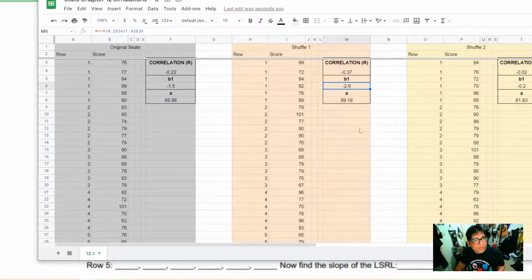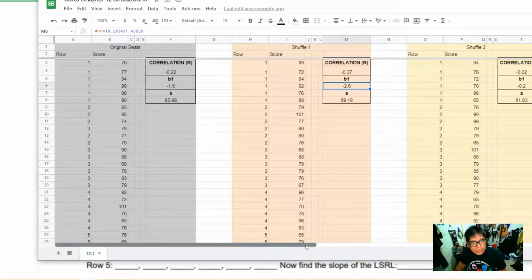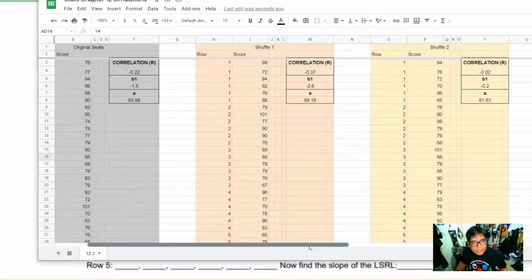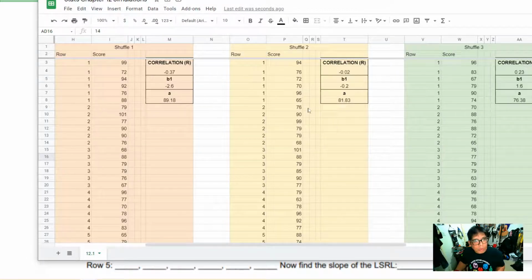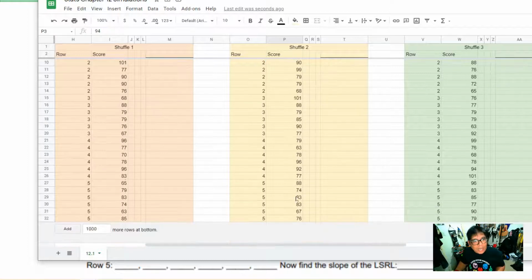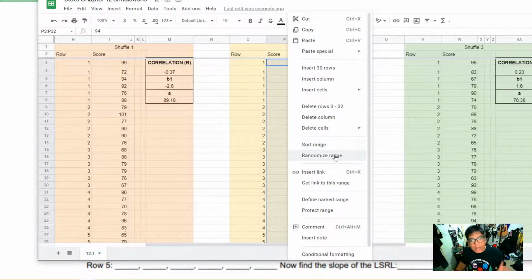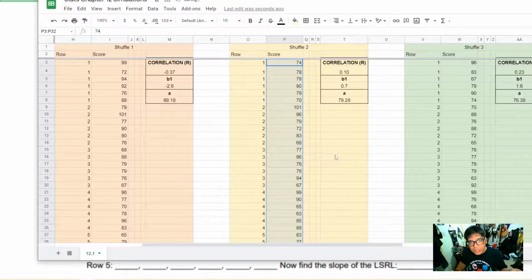Let's put that into our chart, 2.6. Okay, and then we're going to take a second shuffle and figure out exactly what slope we would get if we were to shuffle the deck again. Again, we're randomly putting students in different seats. This time we got a slope of 0.7.